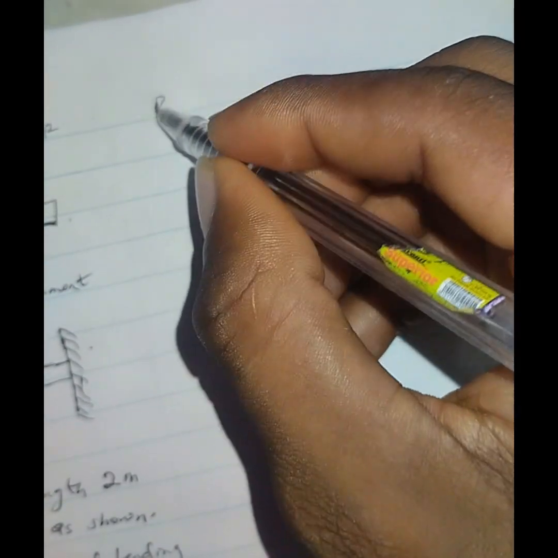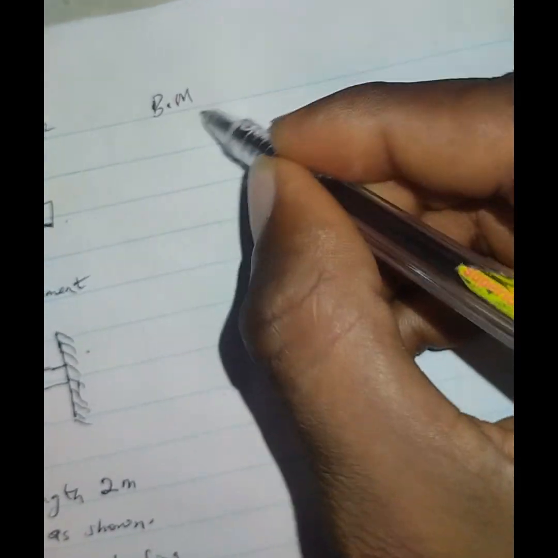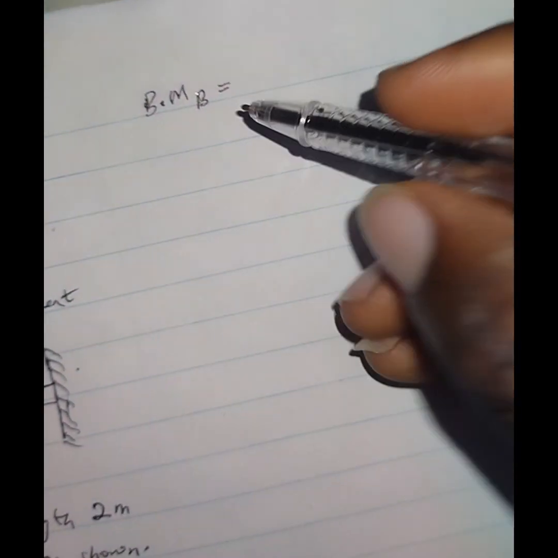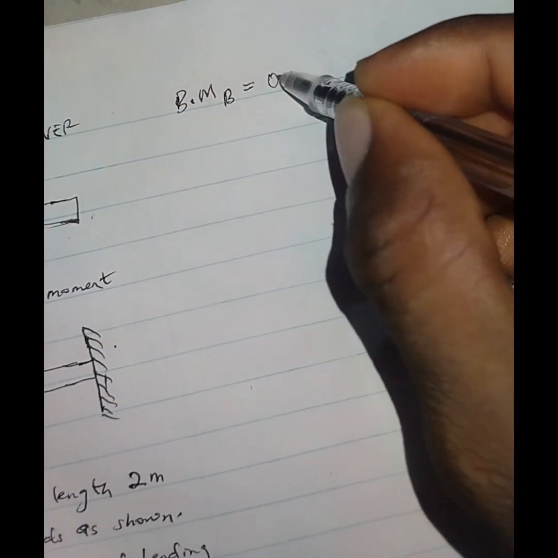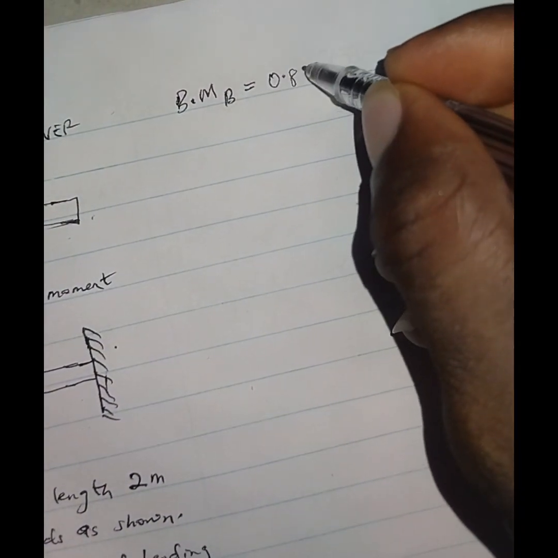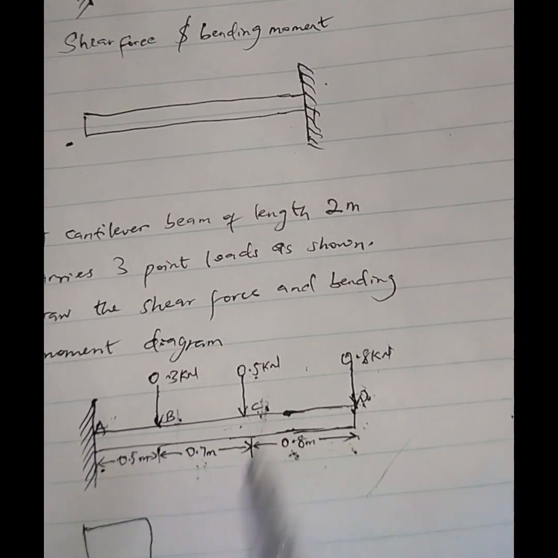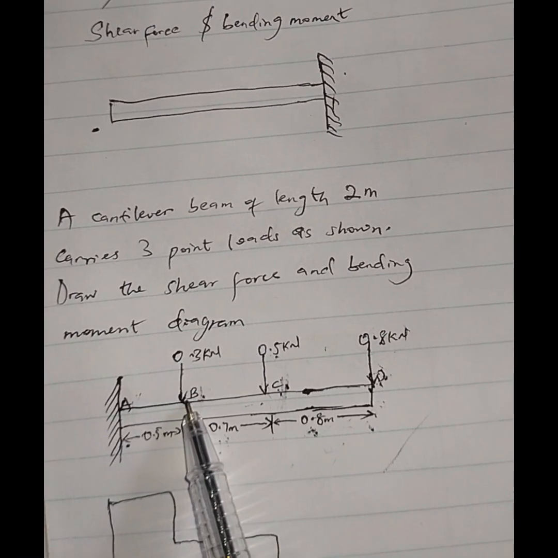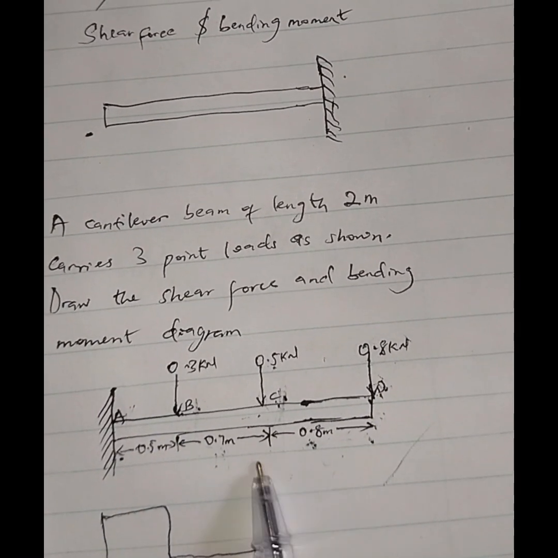So now I actually want to do bending moment of B. So now I have 0.8. Your x now is what? What do you think your x is? So now this is B. The total distance of B to D is what? 1.5.